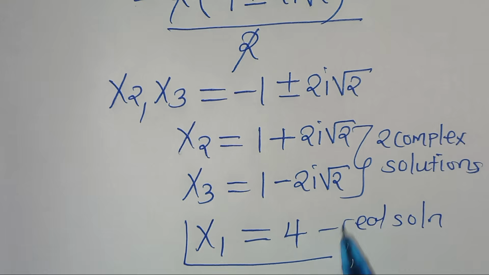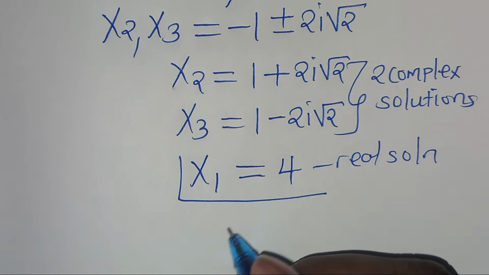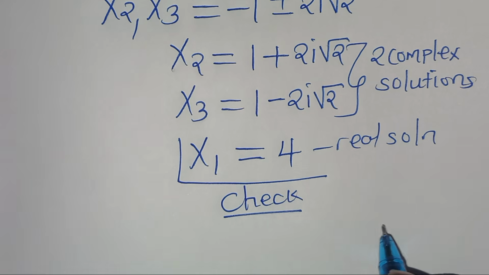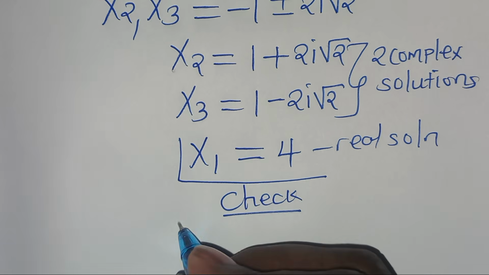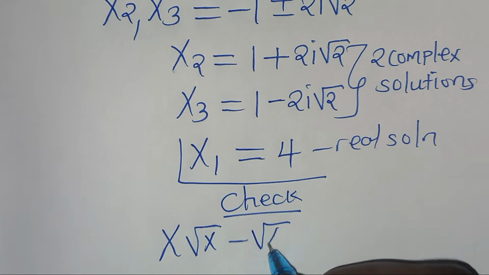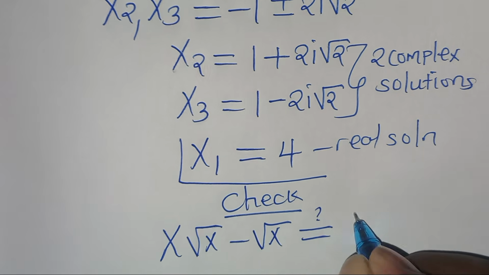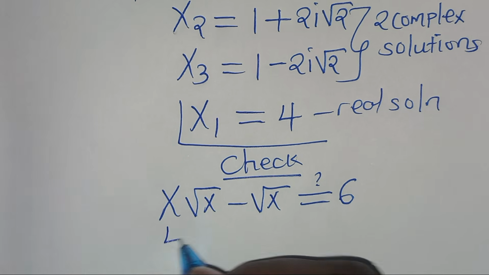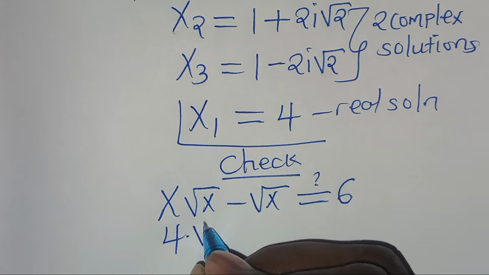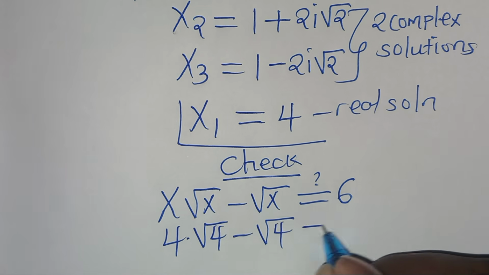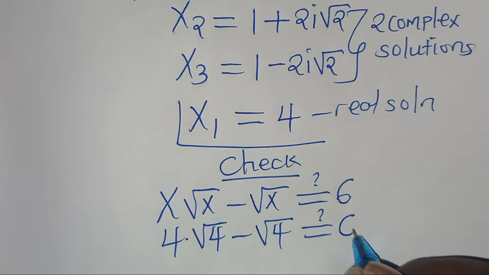Now let's check if this real solution satisfies the equation. So we have x multiplied by the square root of x, minus the square root of x. This is supposed to give us a value of 6. Now x is 4, so 4 times the square root of 4, minus the square root of 4.